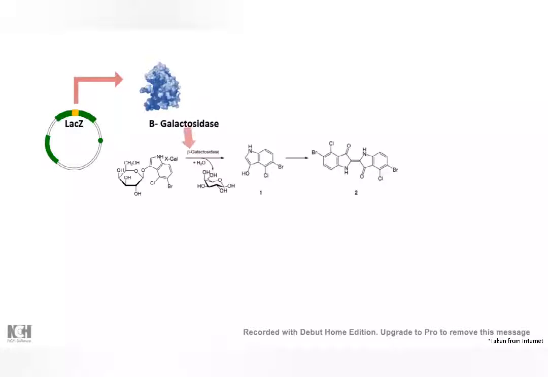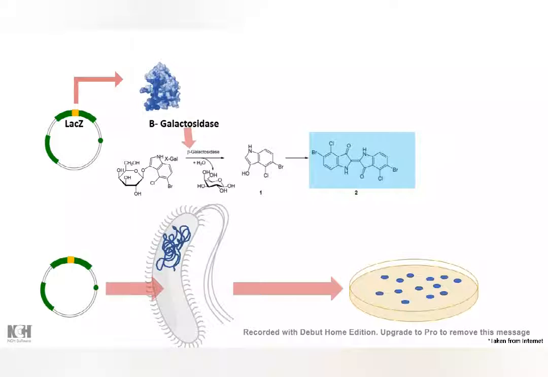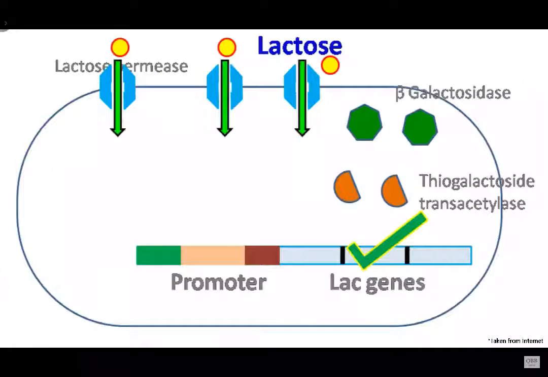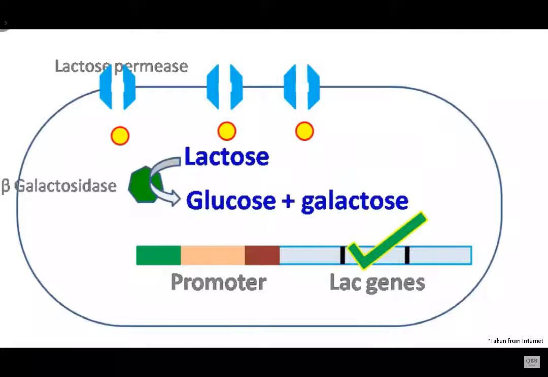The LAC-Z gene can encode the beta-galactosidase enzyme, which can hydrolyze X-gal, a soluble colorless compound consisting of galactose linked to a substituted indole, to form a blue product, which is easier to observe. But LAC-Z gene transcription only happens in the presence of galactose. In this experiment, IPTG, a non-metabolizable analog of galactose, was used to induce the expression of the LAC-Z gene.